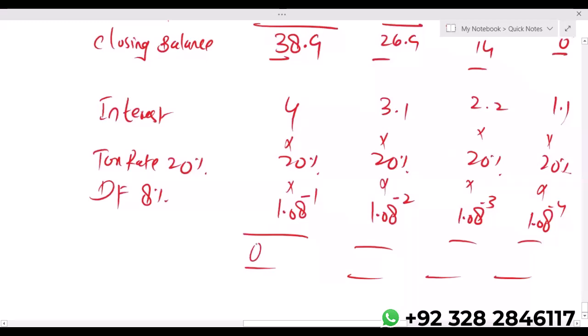Students, I'm getting 0.74. 3.1 into 0.2 into 1.08 power minus 2. I'm getting 0.53. 2.2 into 0.2 into 1.08 power minus 3. 0.349.